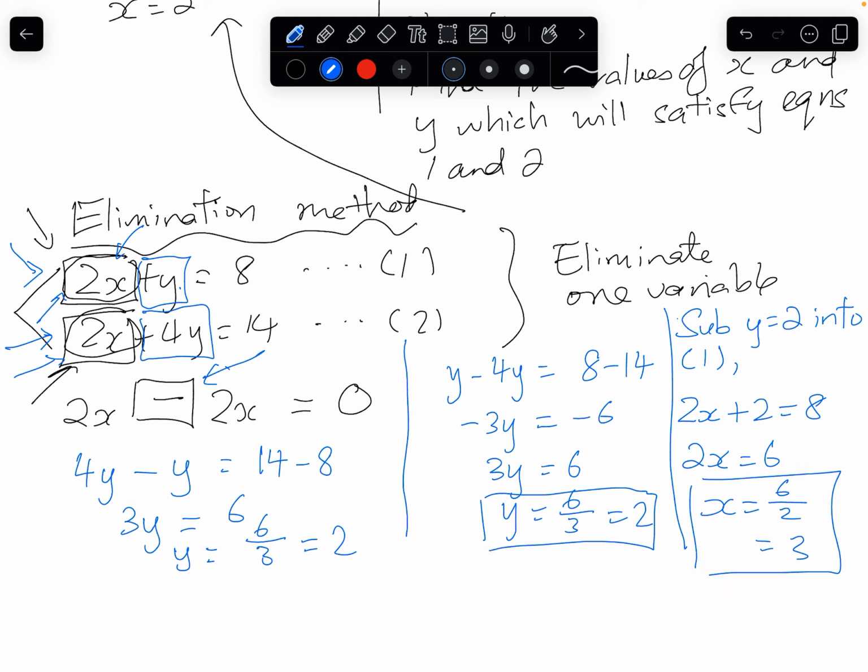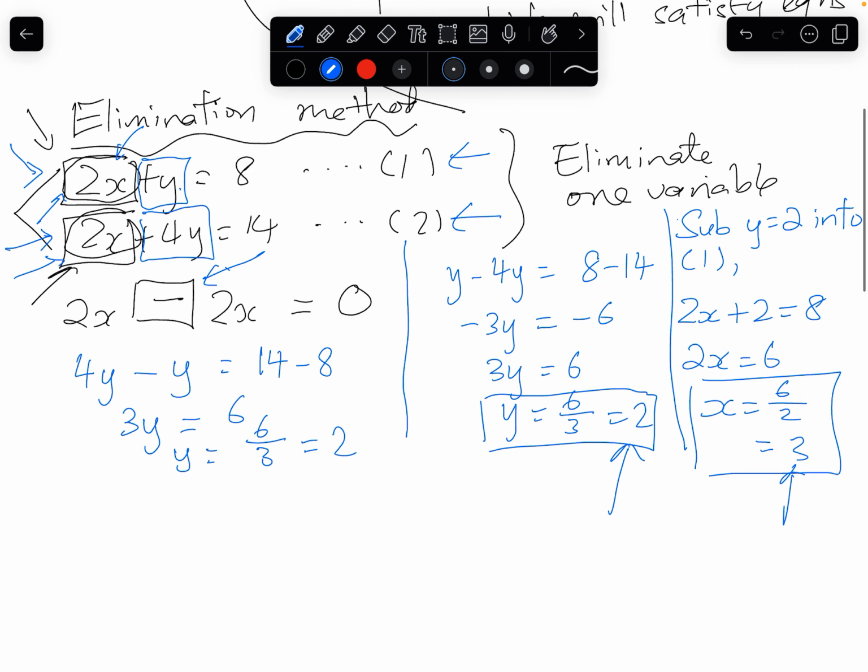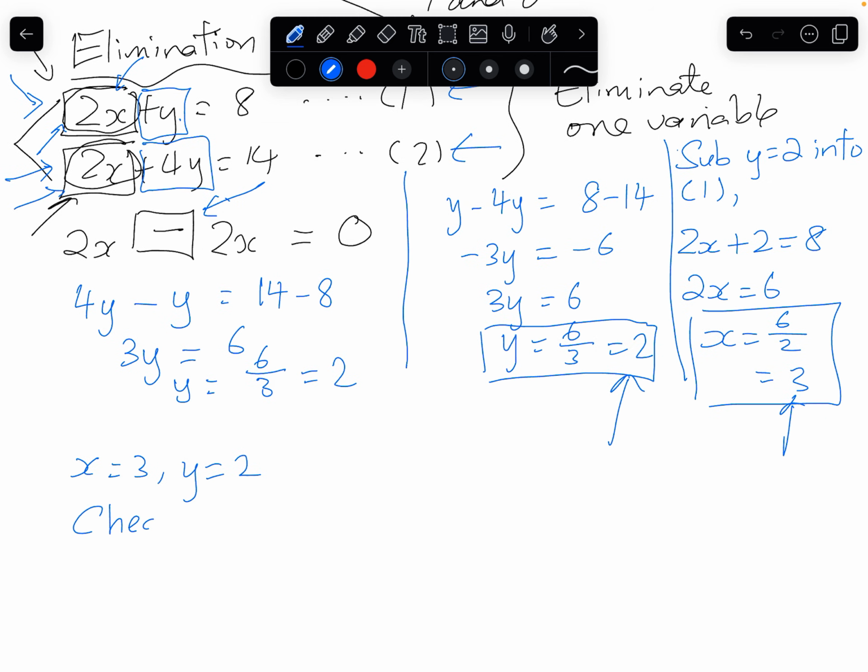Now, a good way to check if you're getting the answers right is to put these two answers into equations 1 and 2. I'll just show it to you for demonstration purposes. So if x is 3, y is equal to 2. If I want to check my work, I could do 2 multiplied by 3 plus 2.